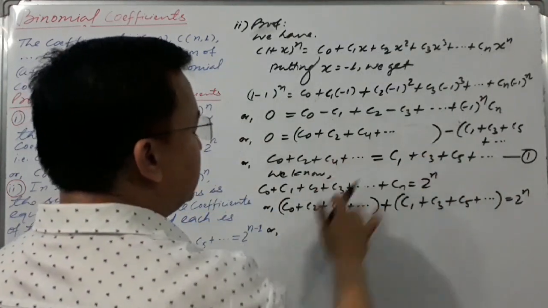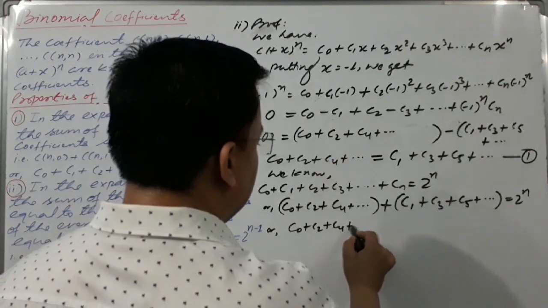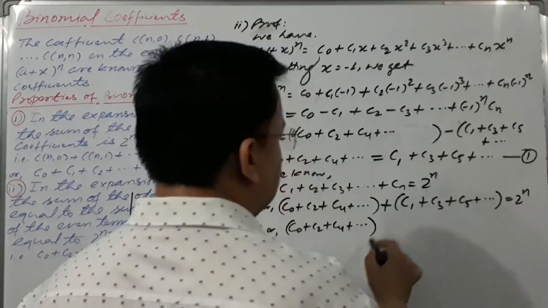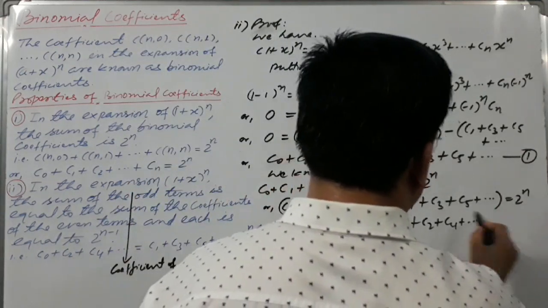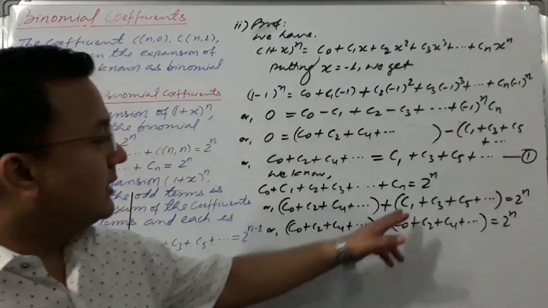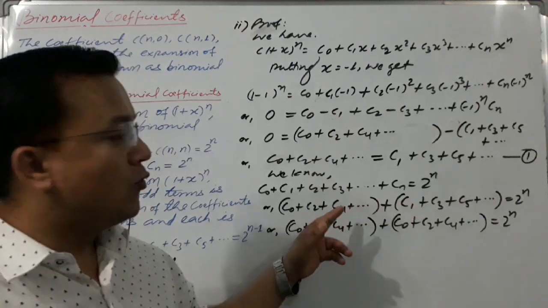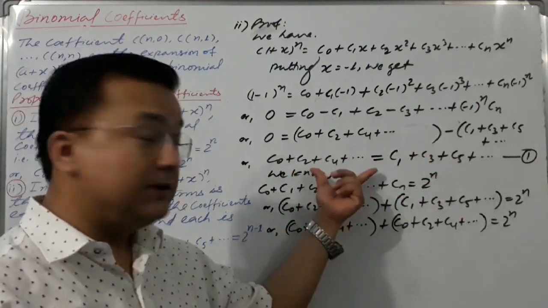Using the first result, you can write C0 plus C2 plus C4 plus dot dot, and here also C0 plus C2 plus C4 plus dot dot is equal to 2 raised to power n, because they are equal to each other, so instead of this I have written this one.